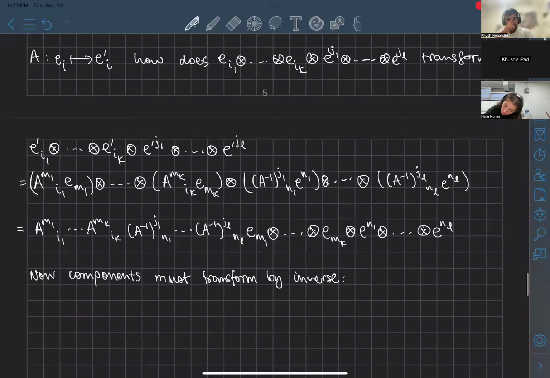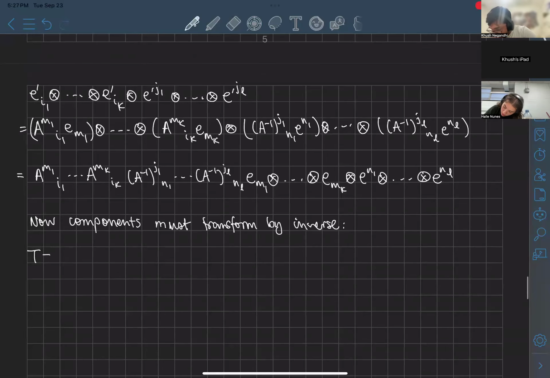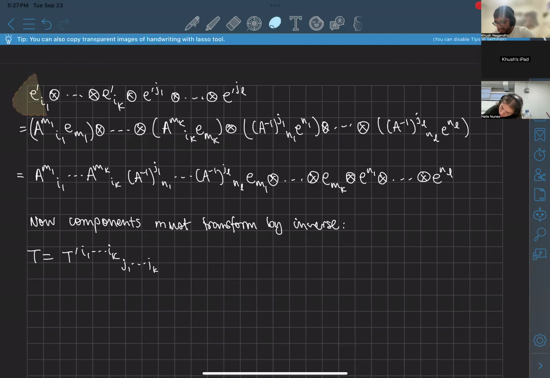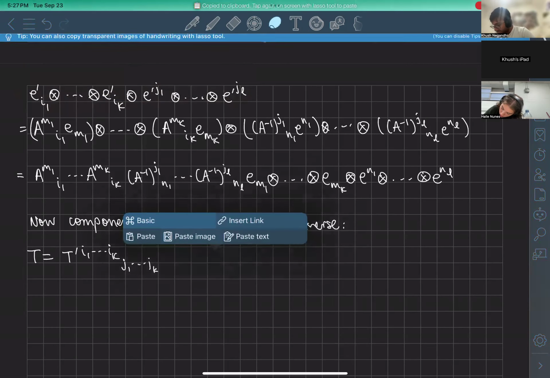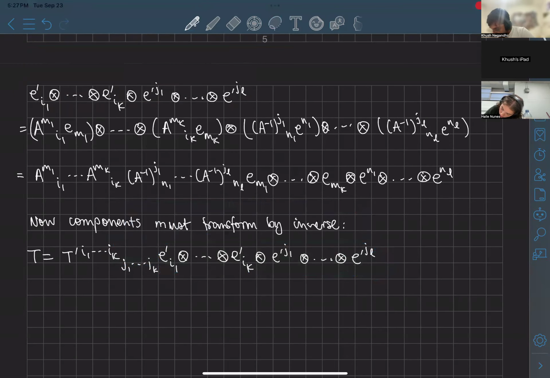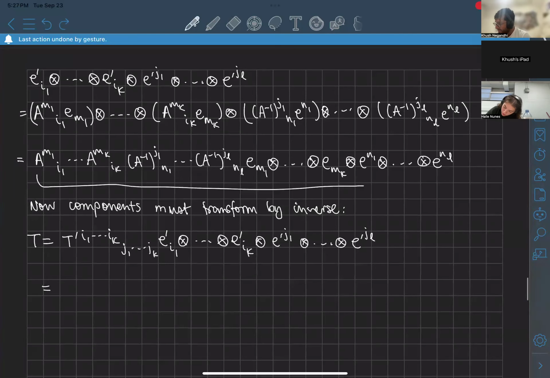And we can see this as follows, right? If I write T as T'^{i1...ik}_{j1...jl} times this thing, I can just replace this thing by this expression over here.